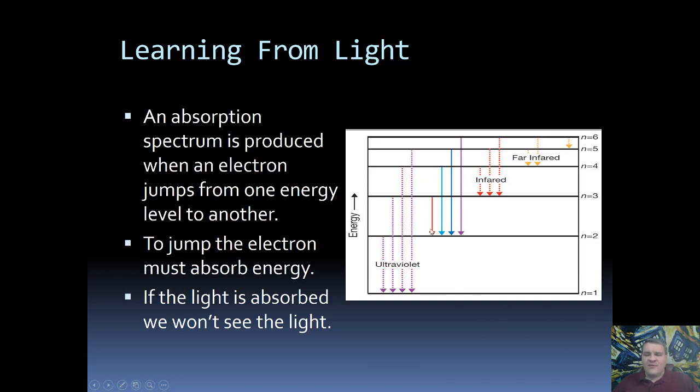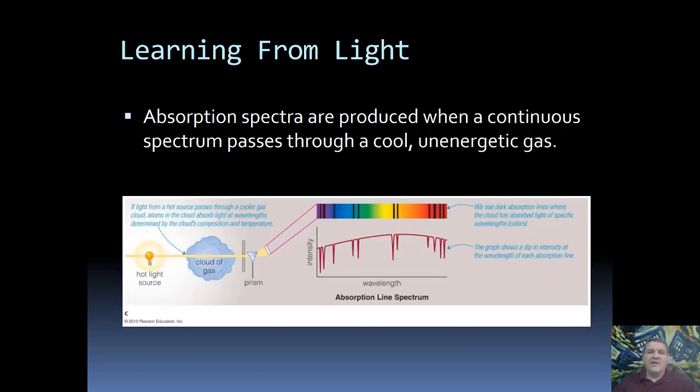Now, once that color of light has been absorbed, that energy is no longer available for us to see, so that produces a dark line. So the way an absorption spectrum is produced is we have some sort of continuous spectrum. We'll mention in a little bit that the most common source of continuous spectrum is a hot light source, glowing simply because it is hot.